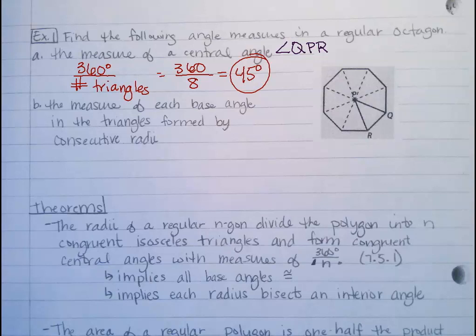So what do we think? Angle QRP, this would be a base angle? Okay, I see some head nods. Yes. All right. So how are we going to find the measure of each base angle?